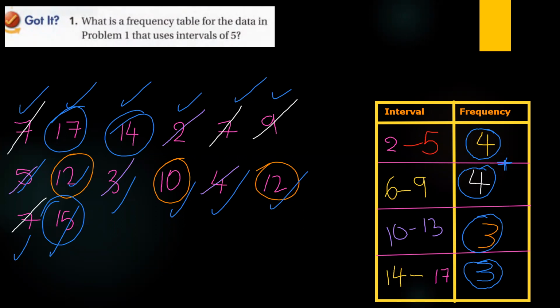Miss teacher, 5 rows, or we count 5 numbers, like from 2 to 6, 6 to 10? No, here it means that the length of the interval is 5. Use intervals of 5.